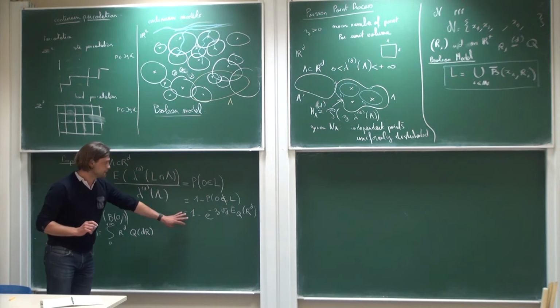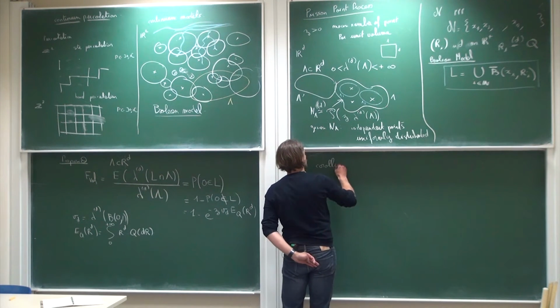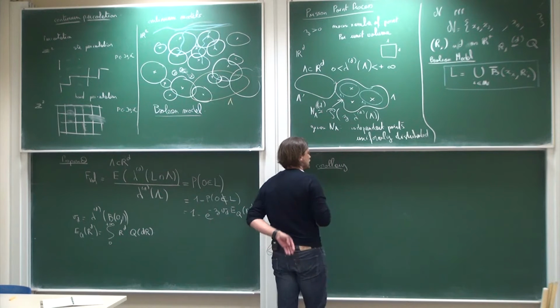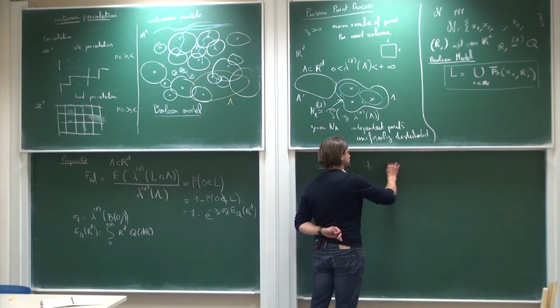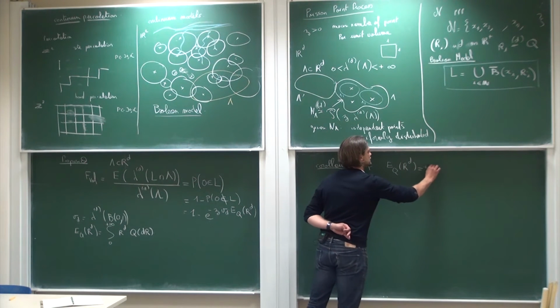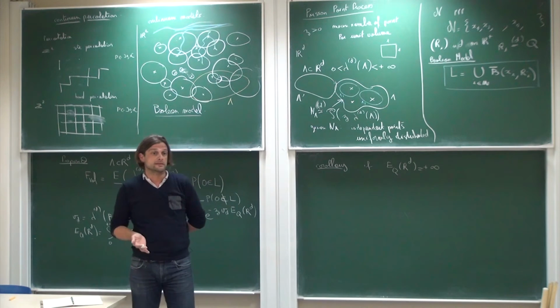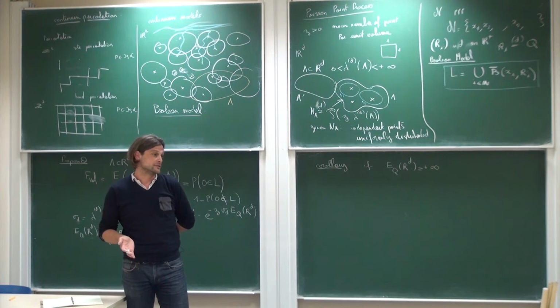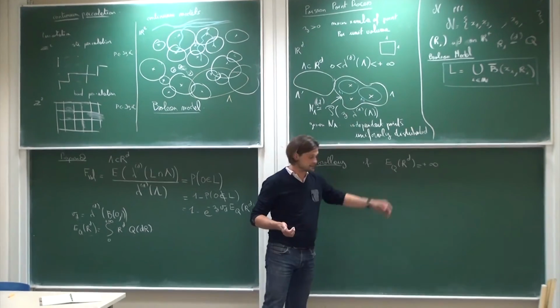Okay, so we have this formula, and so we have a first interesting corollary. If the expectation of R^d under Q is equal to plus infinity, so imagine a law Q without d-th moment, it's a positive random variable, so we can define that like that.